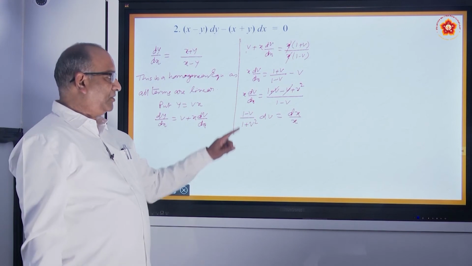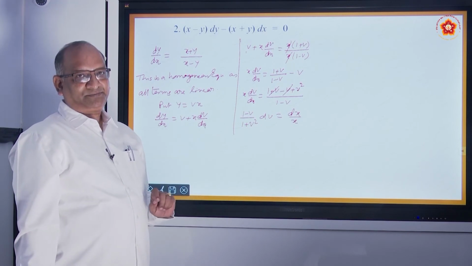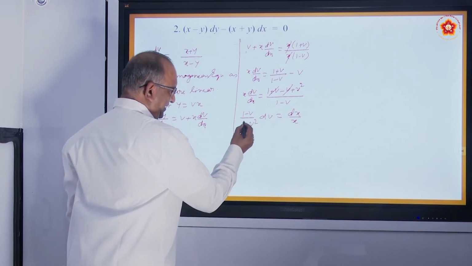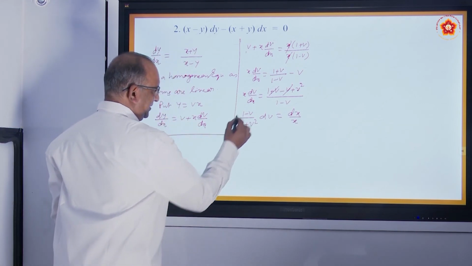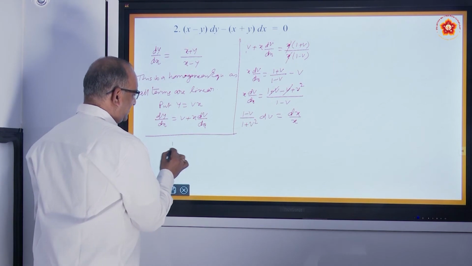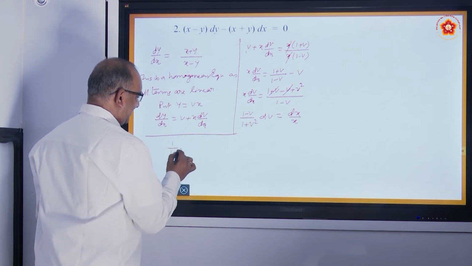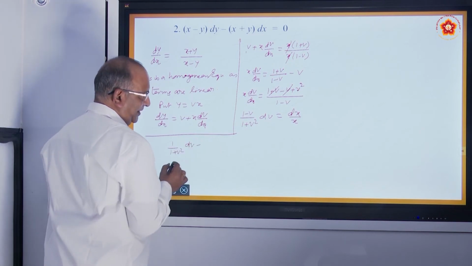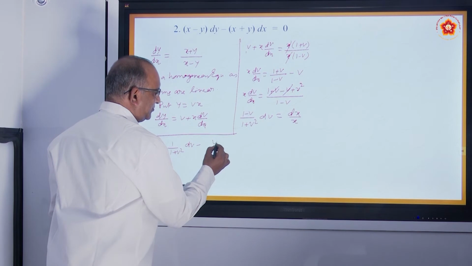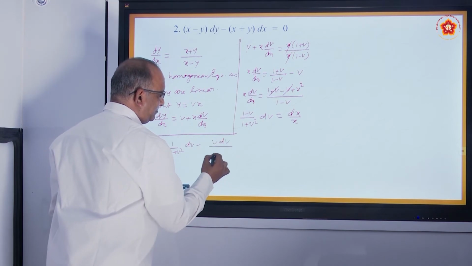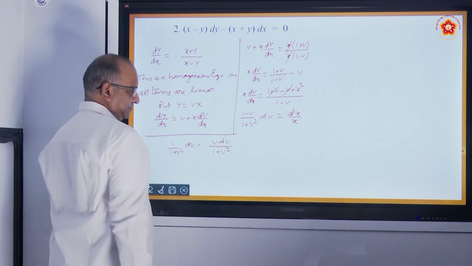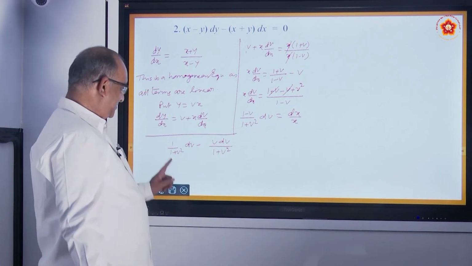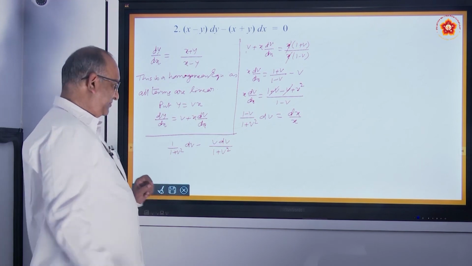Now you have to think how to integrate. How do we integrate? Very simple. This can be written as 1 upon 1 plus v square dv minus v upon 1 plus v square dv.